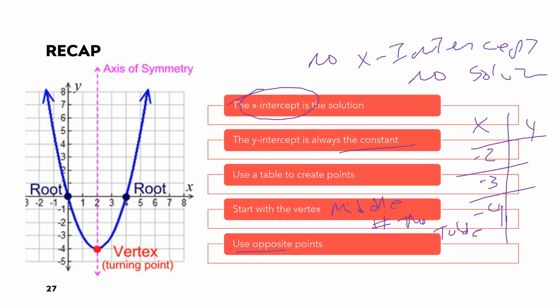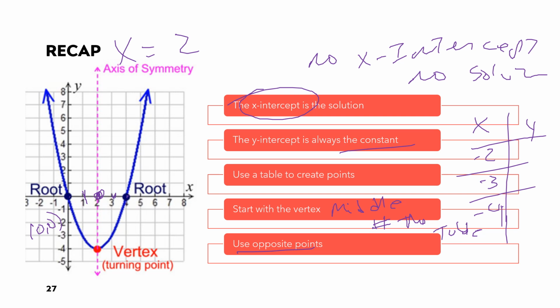And then you can always use opposite points. By opposite points, here's your axis of symmetry. It looks like here, axis of symmetry is 2. So if you had, see this point here, that's 0, 0. We're 1, 2 steps away from the vertex, so we put our next dot at 1, 2.